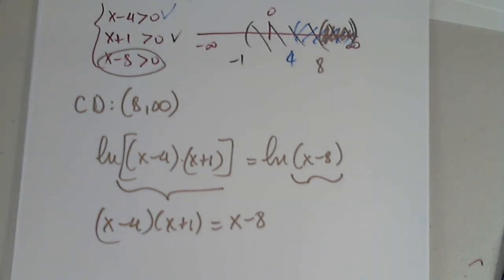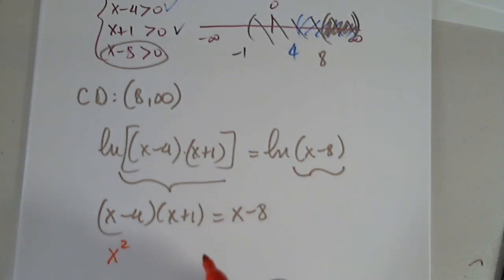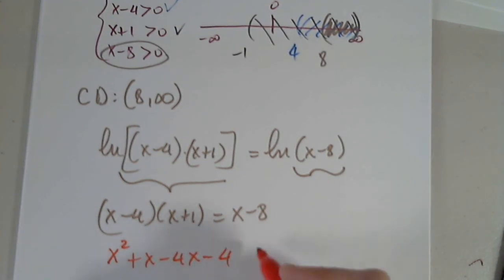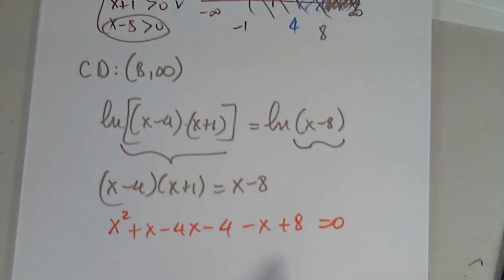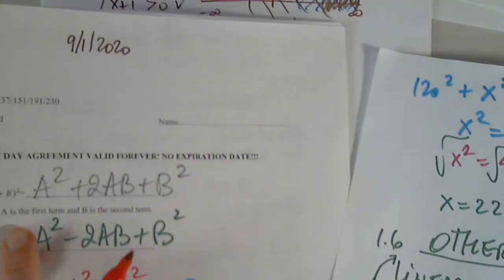So now I will distribute. This becomes quadratic. So this is x squared plus x minus 4x minus 4 minus x plus 8 equals 0. And then I see x squared minus 4x and plus 4. And we know this from 3 months ago.